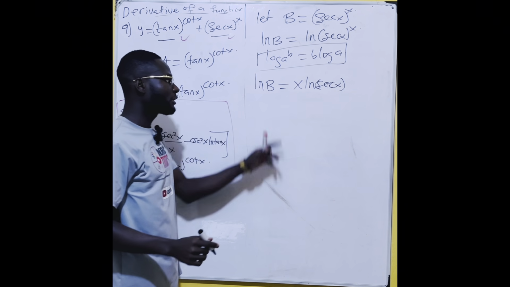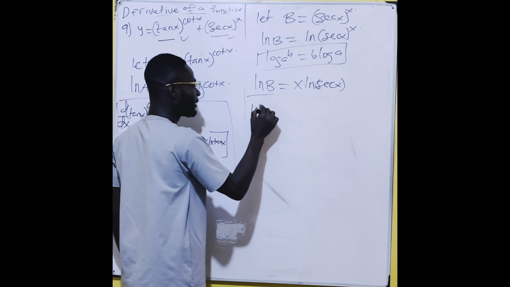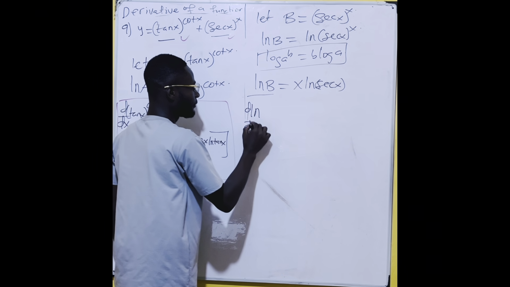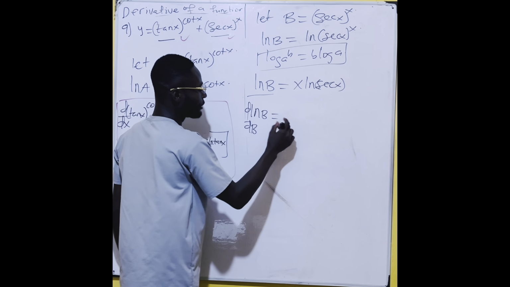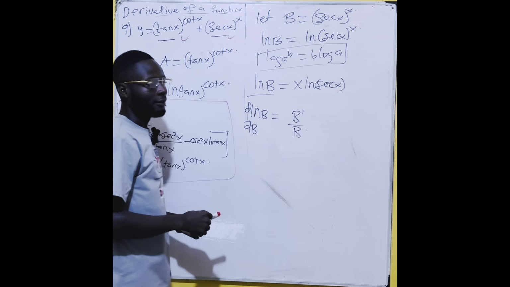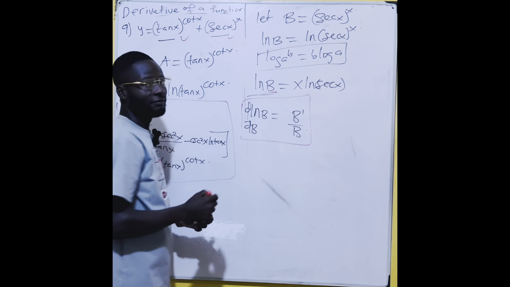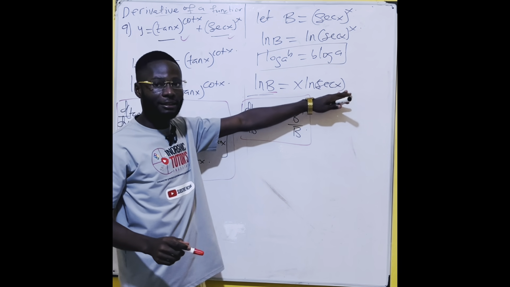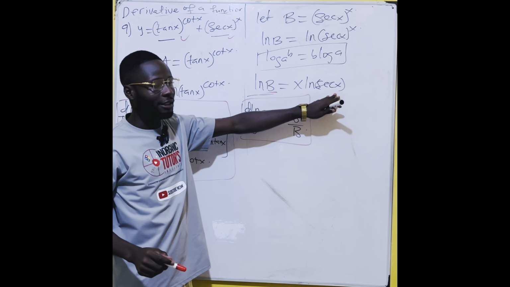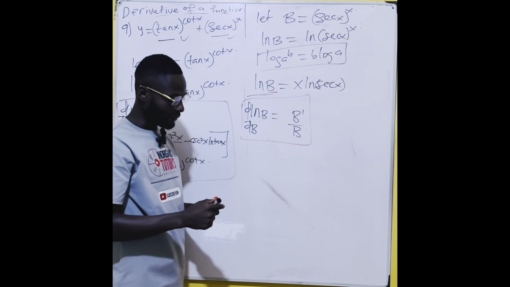Now we know that the left hand side derivative of ln b with respect to b is b prime over b. So we have the derivative of the left hand side. We come to the right hand side, we apply the product rule because we have two functions stacked together.